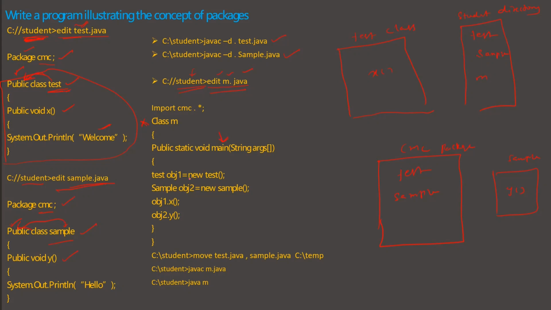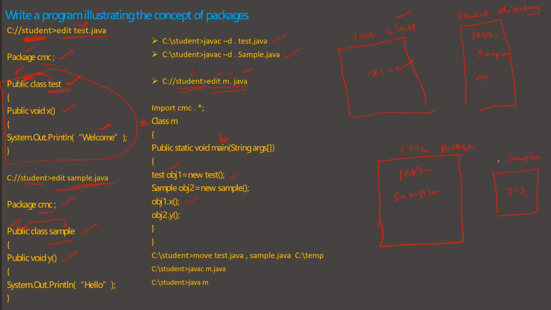Now what I'm doing: Test obj1 = new Test. I'm creating an object for your Test class. In the same way, I'm creating an object for your Sample class: Sample obj2 = new Sample. Using obj1, I can call only the x method, because the x method is present only in the Test class. So I can call obj1.x.